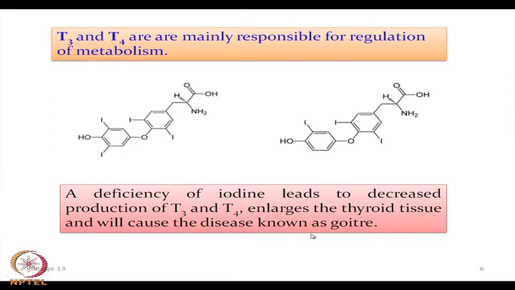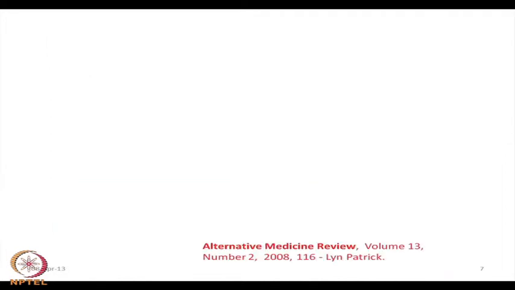So we have a diseased condition known as goiter, well known from our childhood and school days. But now we come to know that it is the deficiency of the inorganic ion, the iodide ion or the nonmetal element iodine, which is responsible for this condition.